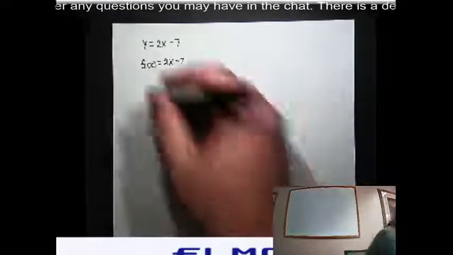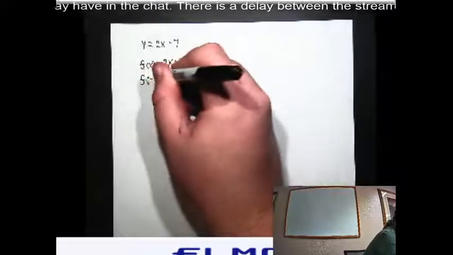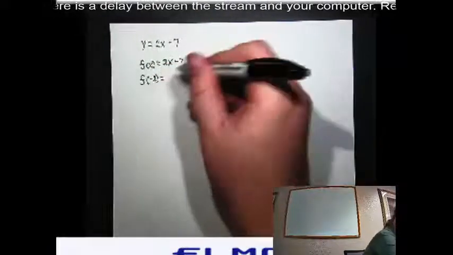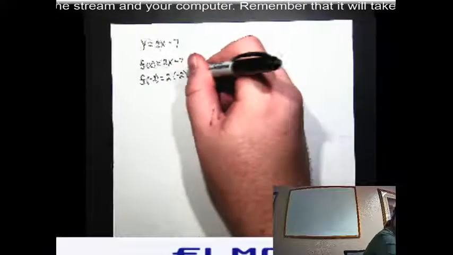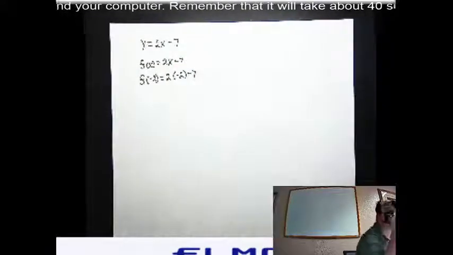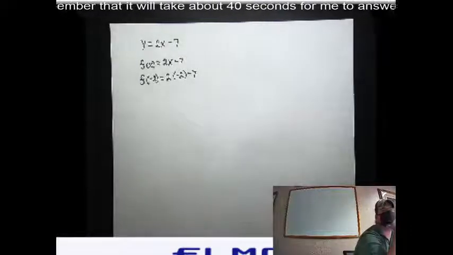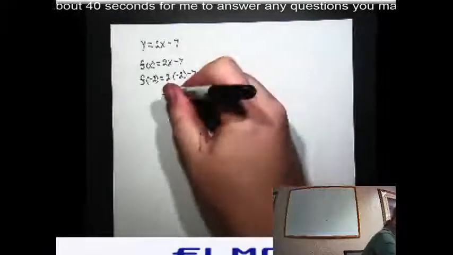For instance, if I plug in, let's say, negative 2 for x, that would mean that I have 2 times negative 2 minus 7. So we can go ahead and use our order of operations to figure this one out. 2 times negative 2 is negative 4.